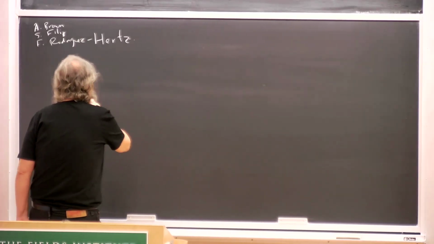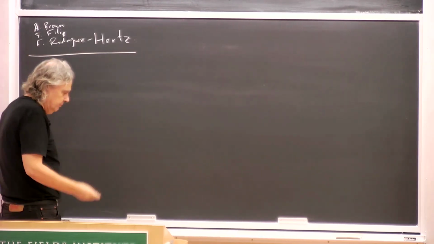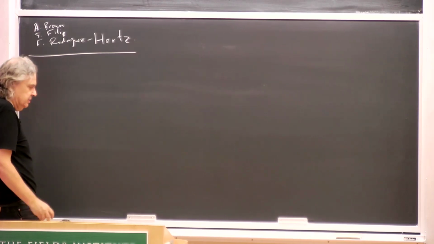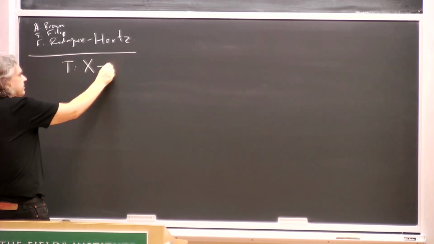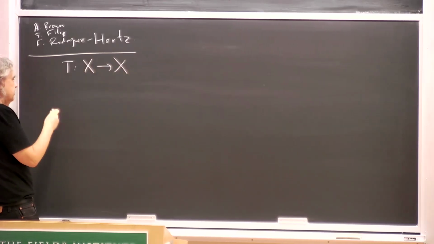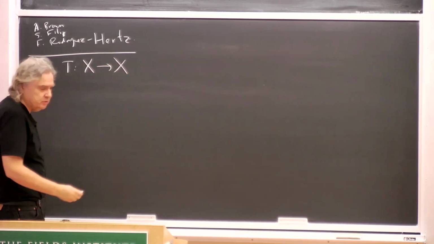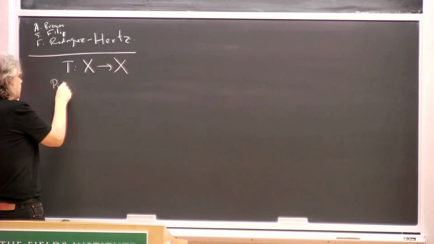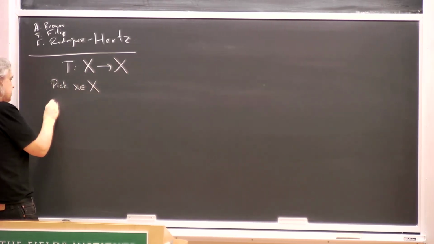So the first topic I want to talk about is, well, first, what is the problem? What is ergodic theory? You start with a map from some space to itself. Let's say X is some nice compact space. What I really want to do is look at the orbits of a point. So pick x, and then I want to understand the orbit of x.